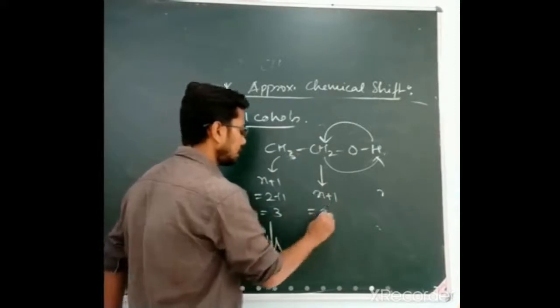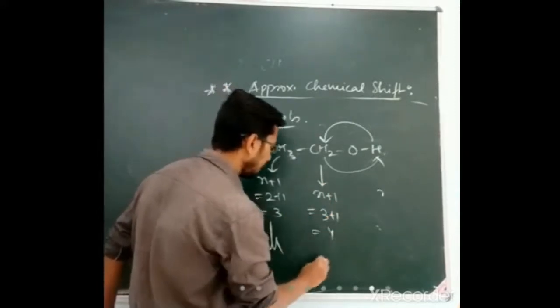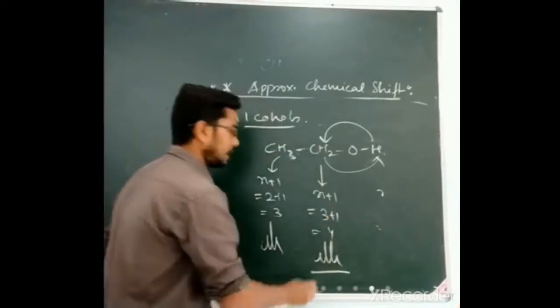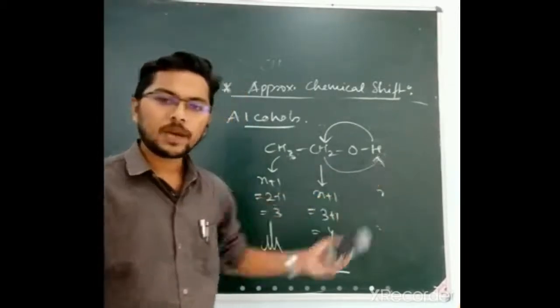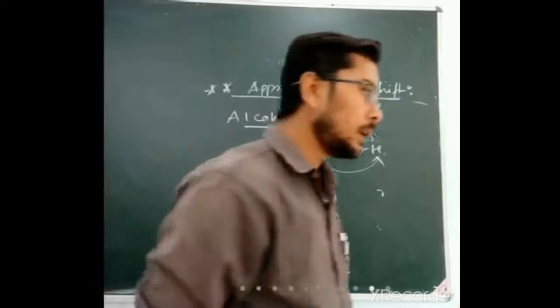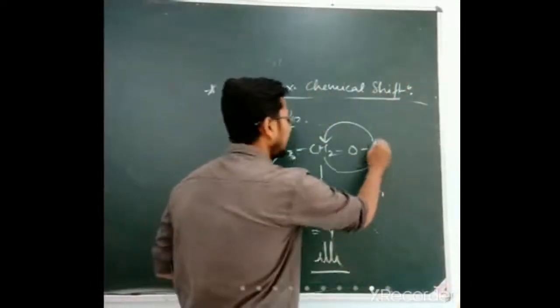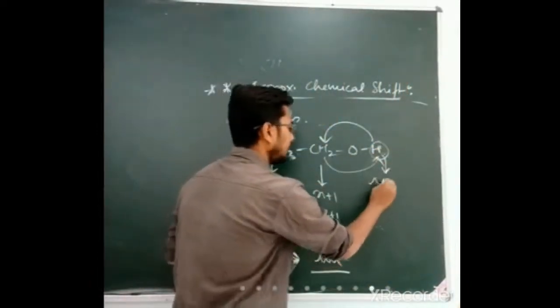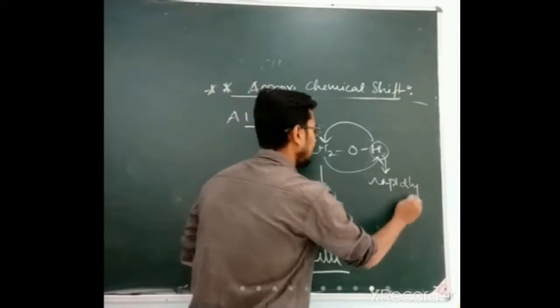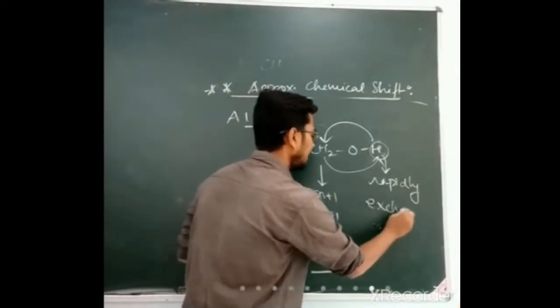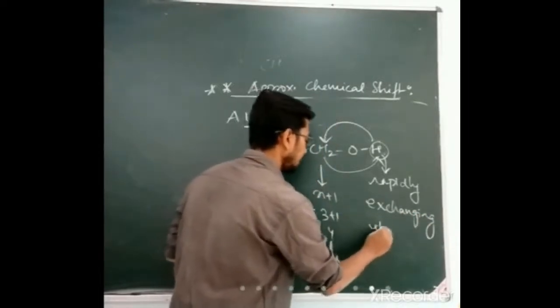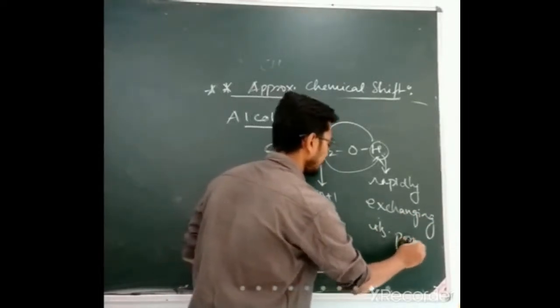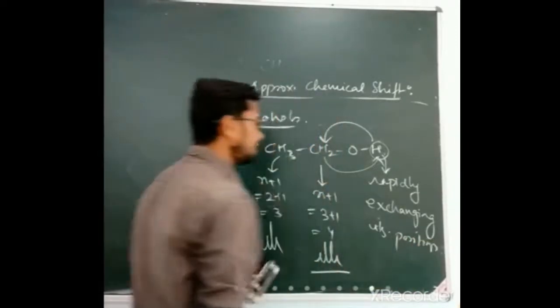So only for the 3 plus 1, which equals 4, it comes as a quartet. There is no splitting of these hydrogens by the OH hydrogen. Why? Because the OH hydrogen is rapidly exchanging its position in the solvent.